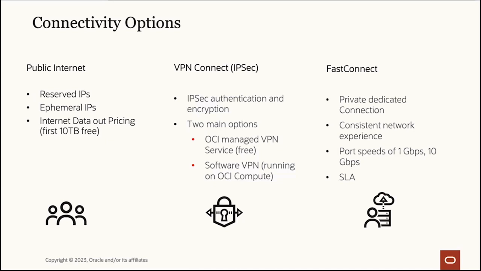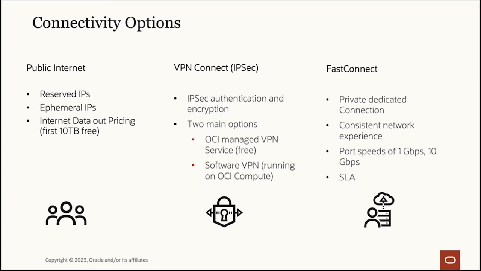Many cloud services charge for egress. Oracle charges for internet data out, which is egress that is leaving the cloud region. So if you have egress between, let's say, you've acquired a new tenancy, or you have different VCNs for different teams within a single region, and you need to have two VMs talk to each other in one region, then that is not going to count towards that 10 terabytes for internet data out.